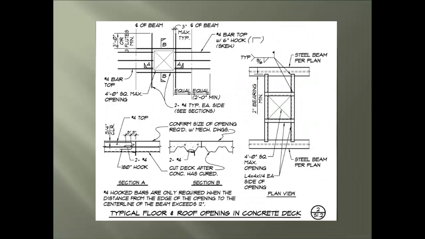Keeping the composite construction theme in play, we take a look at detail number 2, typical floor and roof opening in concrete decks. With this detail, we see how a combination of material from different categories are used together for a simple opening in a concrete deck.